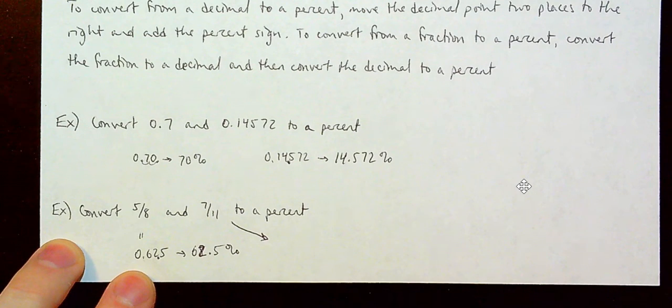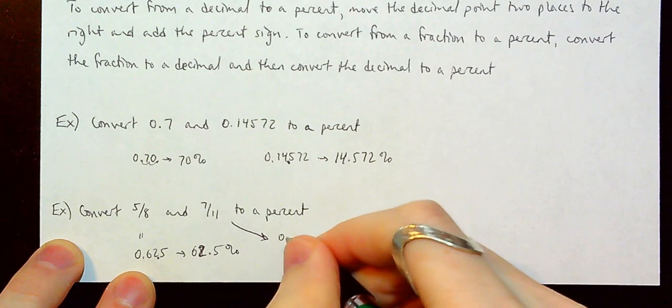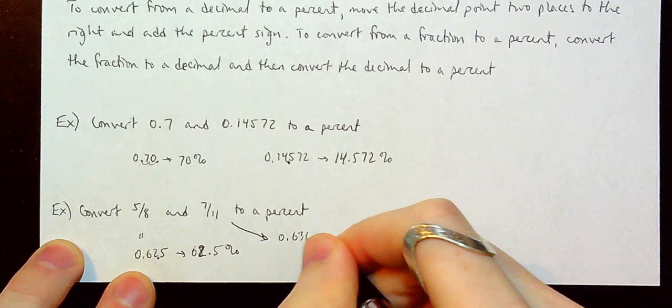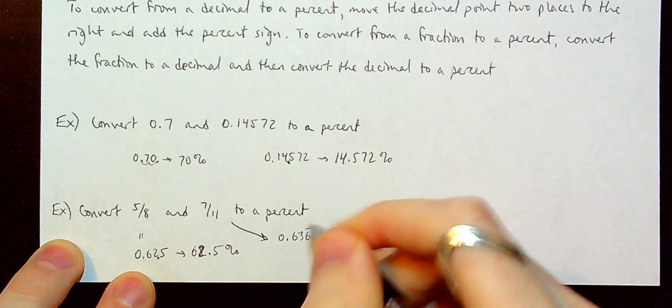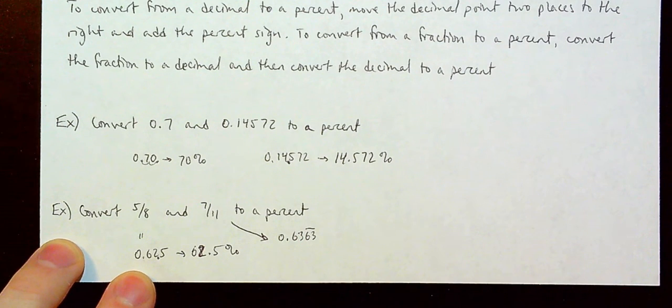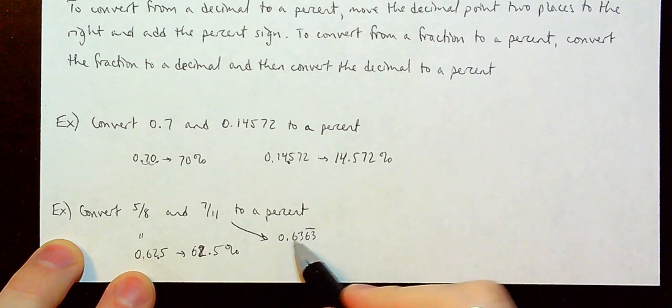7/11, if you take this and plug it into your calculator, again, if you're not sure, but 7/11 is 0.63636363, and that pattern keeps on repeating. So take your decimal point, 2 places to the right.